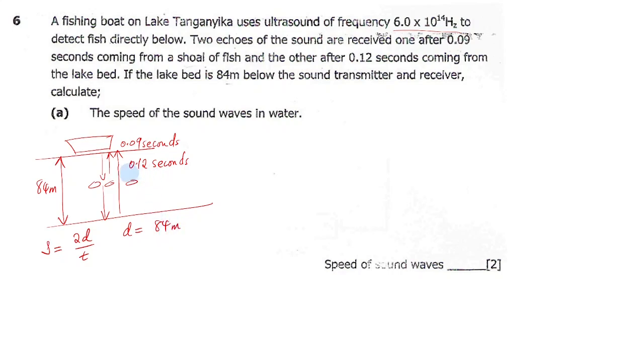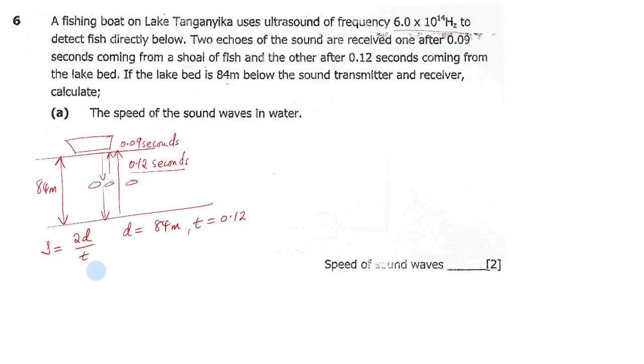Then the time we should use is the one it took for the wave to go down and come back. This one is 0.12, not the one which came from the fish, but the one which came from the seabed.